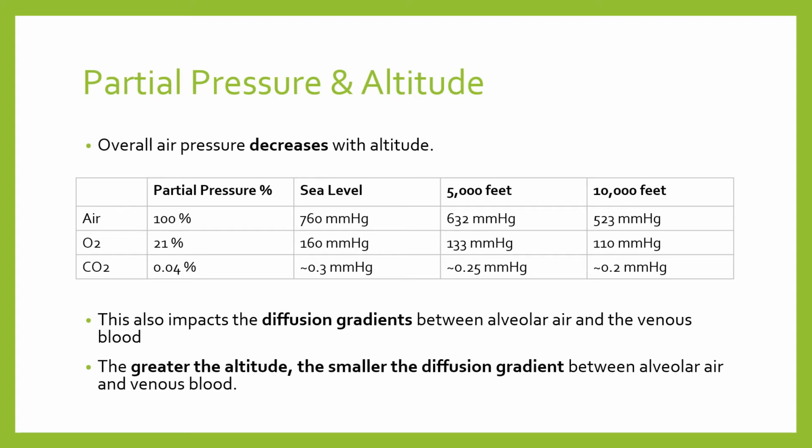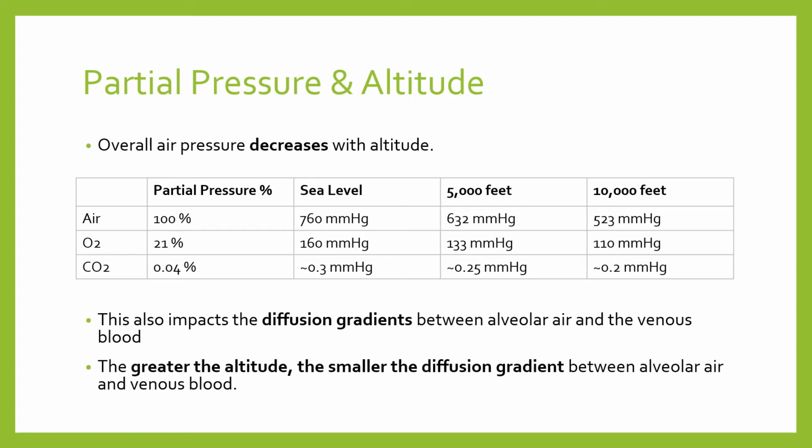So you can understand, I hope now, what impact that will have in terms of the speed at which oxygen and carbon dioxide can be swapped between the alveoli and the capillaries in the lungs. The greater the altitude, as you can see here, we've gone up from sea level to 10,000 feet, and oxygen's partial pressure has dropped from 160 millimeters of mercury all the way down to 110 millimeters of mercury.